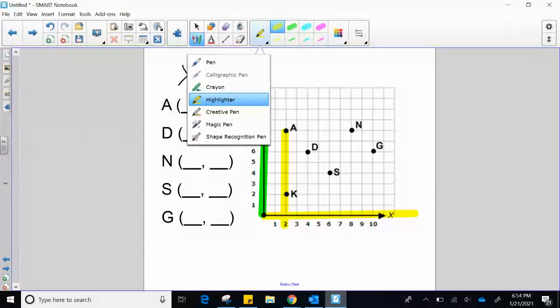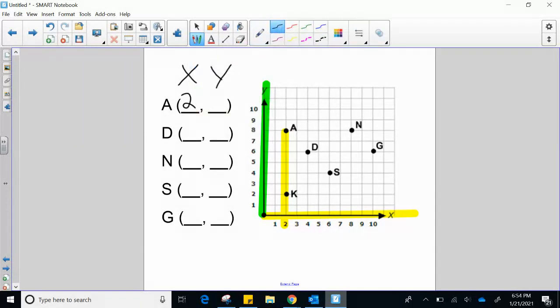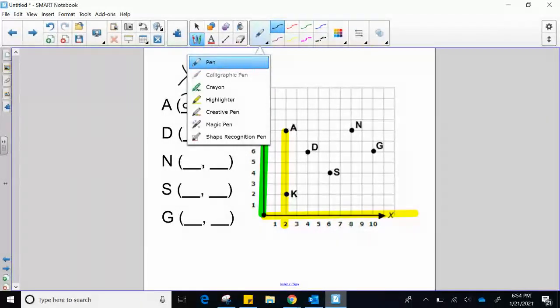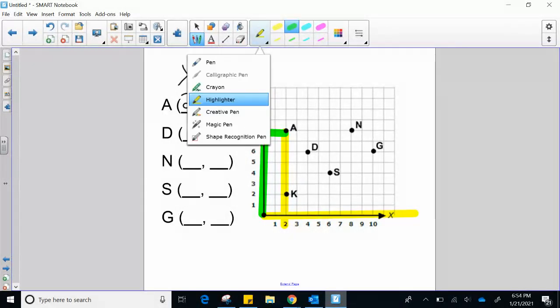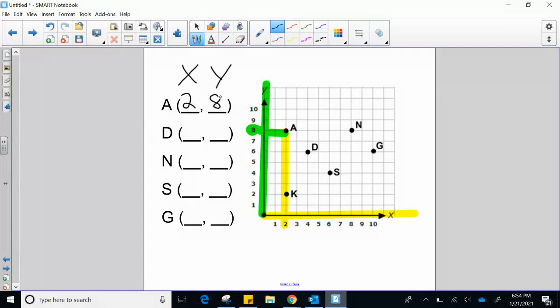And so that means that my x-coordinate is 2. And when I want to figure out my y-coordinate, I am going to figure out where it sits along the y-axis. So I'm going to look over here and I can see along the y-axis, it falls at the number 8. So I'm going to go ahead and make my y-coordinate 8. So point A is at 2, 8.